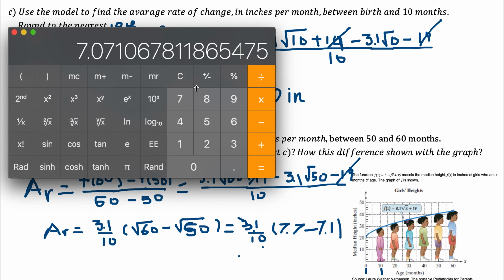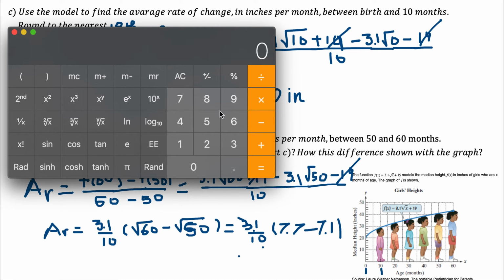And now we have everything here. We have 7.7 minus 7.1. We get 0.6, but 0.6 times 3.1, I want to see what that is. We get 1.86, but now we are dividing this by 10, and it is 0.186.